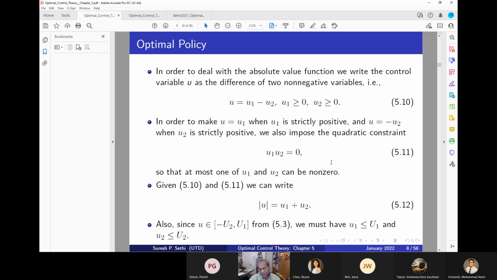But notice, nobody will be stupid enough to buy 5 and sell 3, and sell 5 and buy 3 at the same time. Because then the commission will be on the 8, $5 and $3, the commission will be on $8. So there's no reason to buy 5 and 3 at the same time.